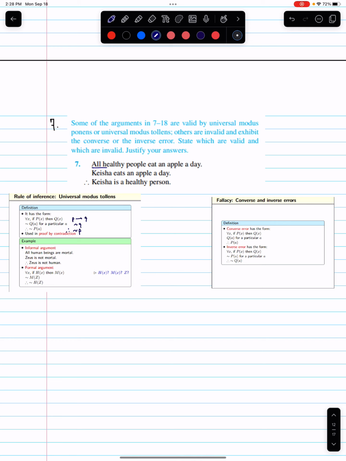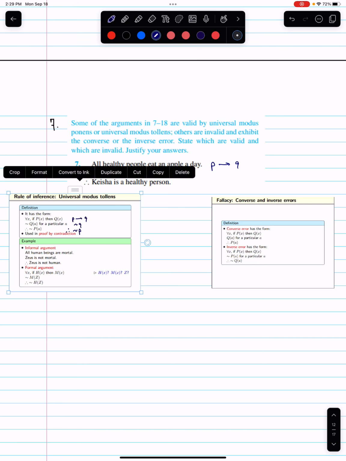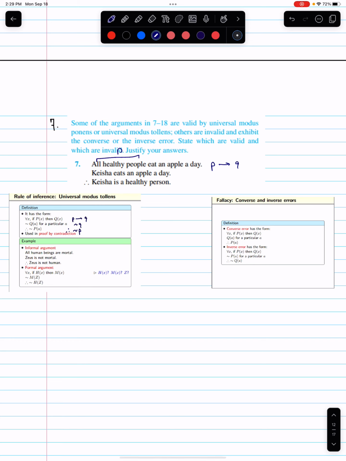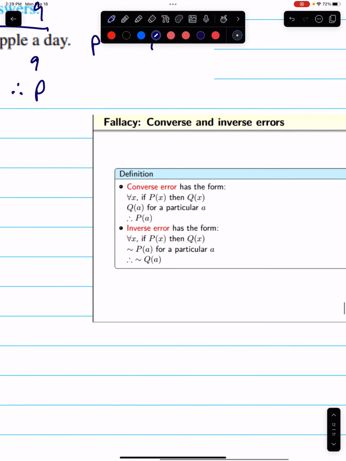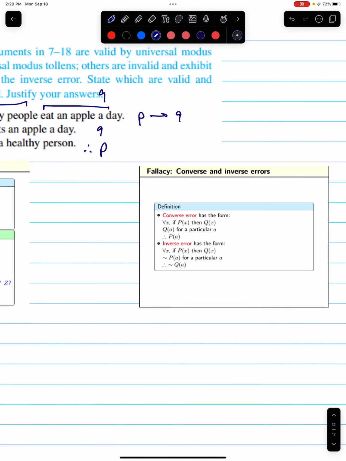Okay. All healthy people eat an apple a day. Just as before, we could turn this into if P then Q, even though it doesn't explicitly say if P then Q. This is P, this is Q, eats an apple a day. They've given us Q, and then they just say P as the conclusion. If you look here, this follows the converse error.